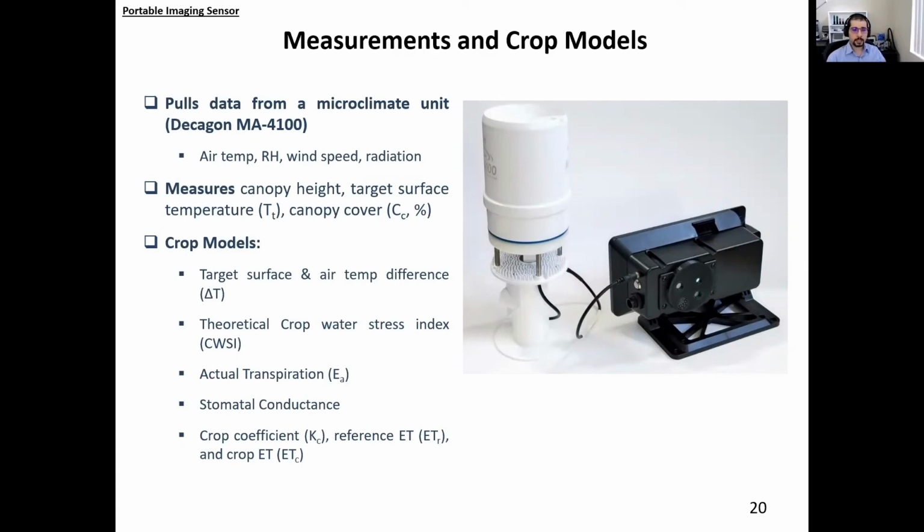And using other sensors that are embedded in the imager, it also measures canopy height. Of course, you need a reference for that. And then target surface temperature and canopy cover.